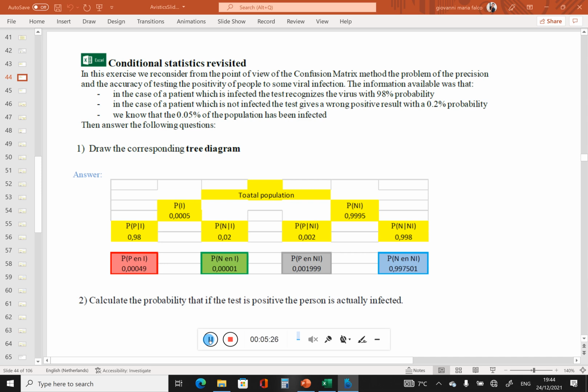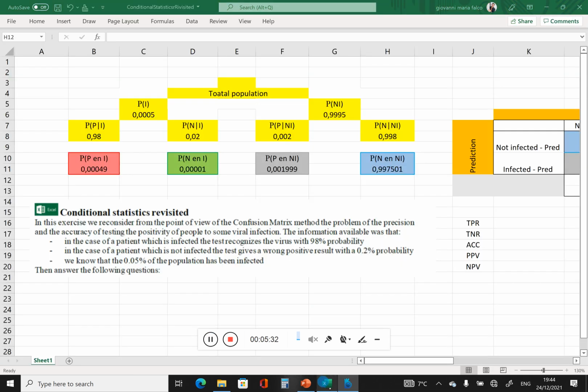And then we can move to the next question, which is to calculate the probability that if the test is positive, the person is actually infected. And okay, this is the typical examination question or workshop question.